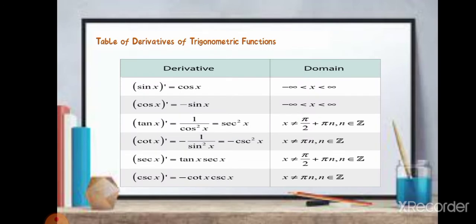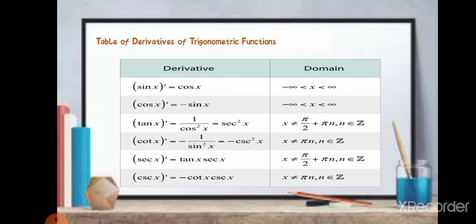So we have here the table, or the list, of all the derivatives for these functions. The table summarizes the derivatives of the 6 basic trigonometric functions. First function is sine x, which has a derivative of cosine x and has a domain of x greater than negative infinity but less than infinity.